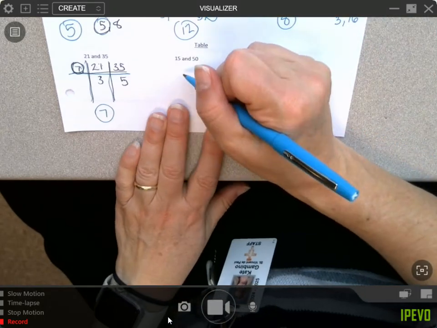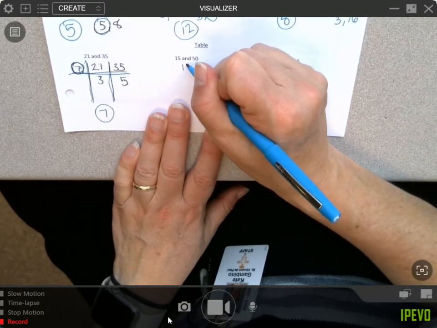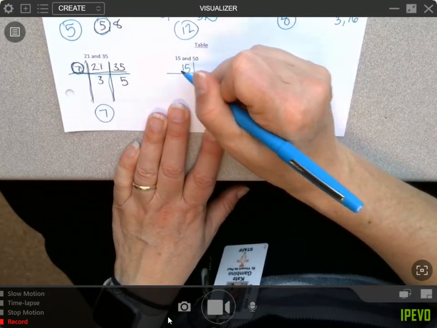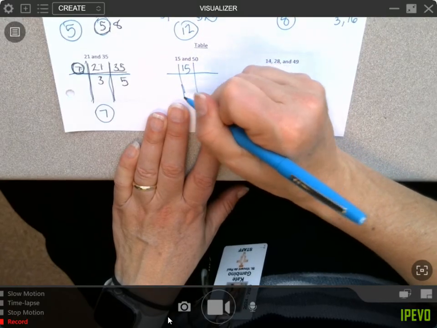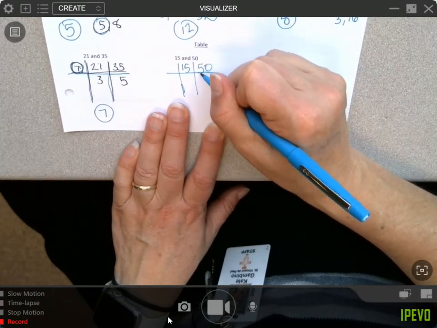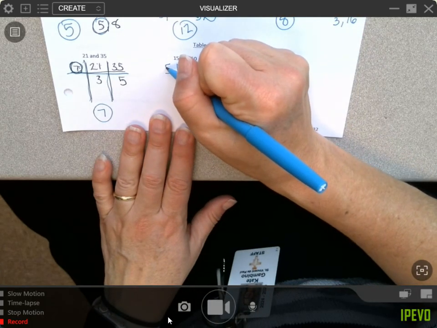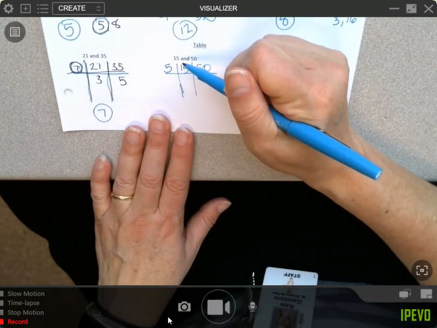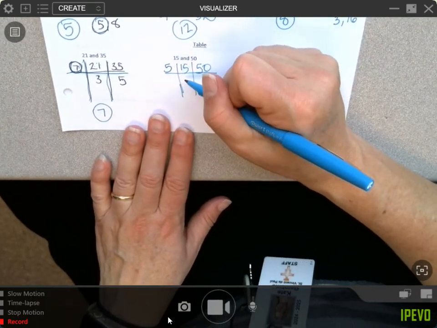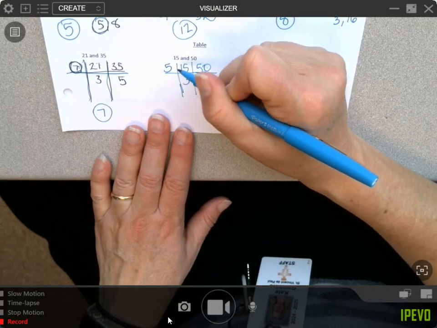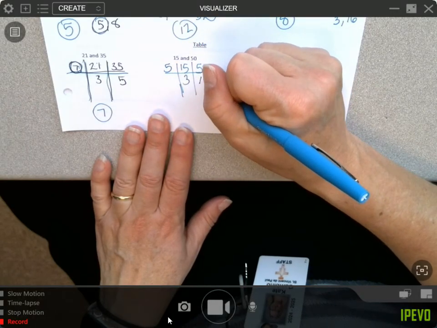If we look at 15 and 50, I'm going to make my table. I'm going to put 15 and 50 at the top. What number can I divide out of both 15 and 50, Nolan? I could divide a 5 out. 15 divided by 5 is 3. 50 divided by 5 is 10.